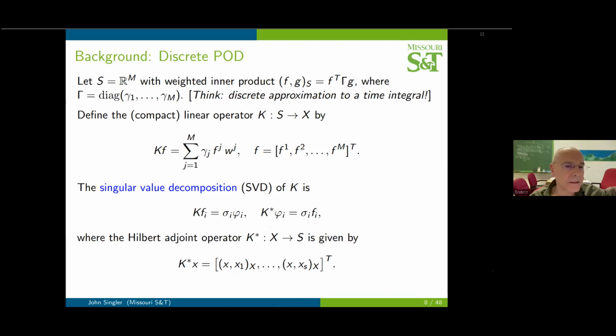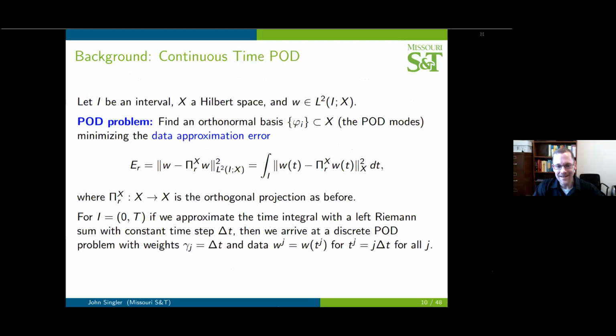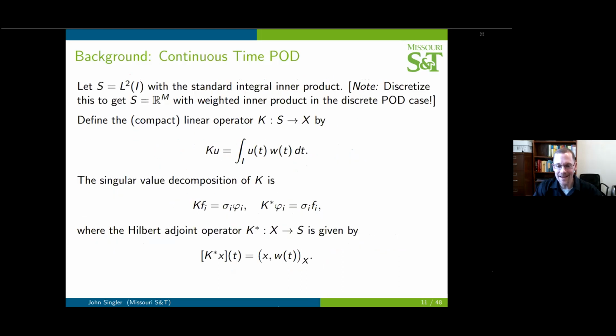In the continuous time case, it is the same. There's some theory that says this operator is Hilbert-Schmidt. So it's in fact compact, right?